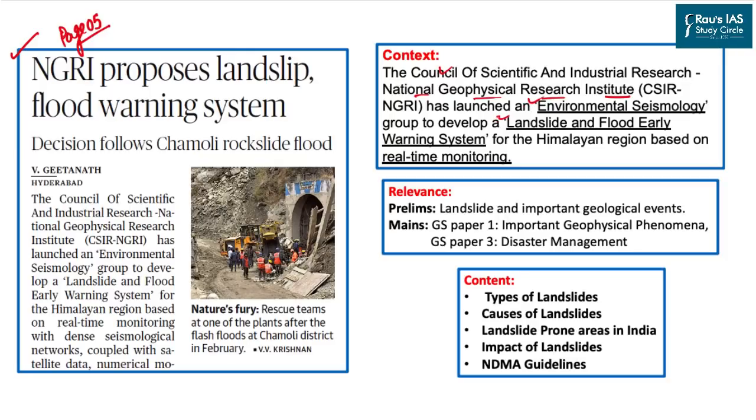Now, if you are reading on disaster management and geography, you are well aware of what an early warning system is. This system provides early, preemptive information to the people around a particular area so that they can take time to save their lives and property.